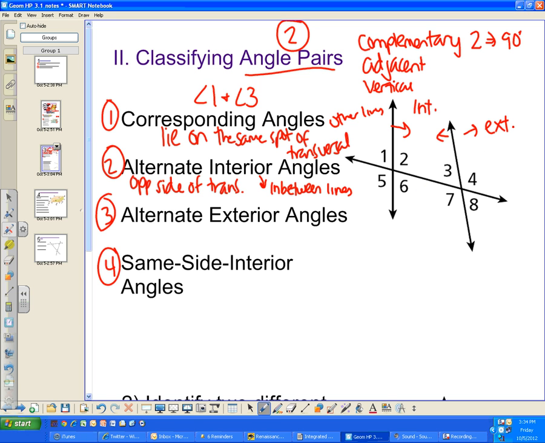If I want to talk about angle 2, because we're talking about alternate interior angles, the other one still has to be inside somewhere. But alternate means that since this one's above, you have to pick one that's below, and it can't be on the same line. It's got to be touching this other line. So an example of alternate interior angles would be angle 2 and angle 7.